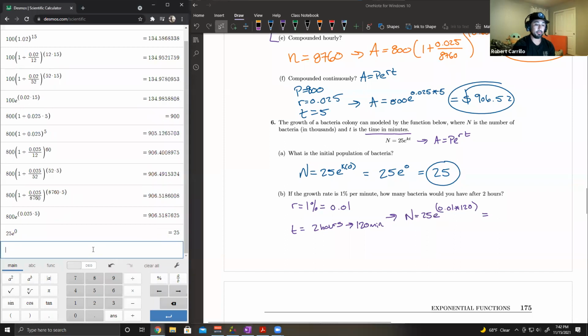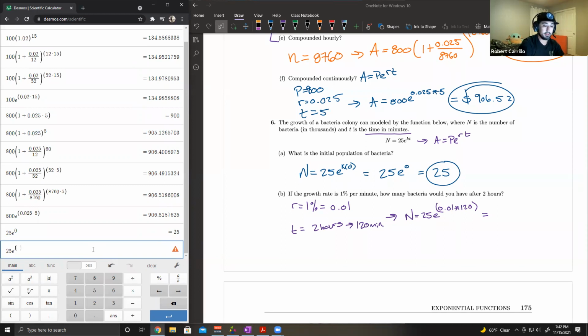So let's see, 25 times e raised to the parentheses 0.01 times 120. And this bacteria would be 83. It's just 83, right?